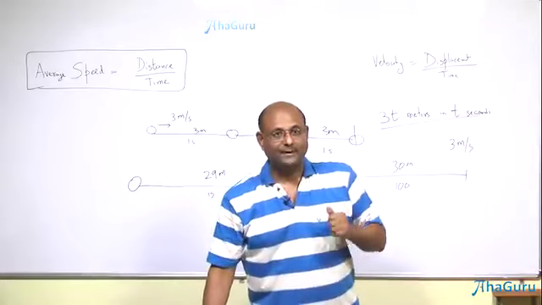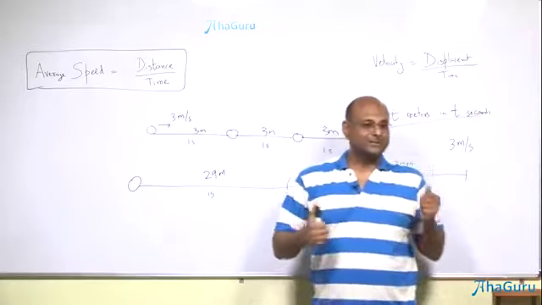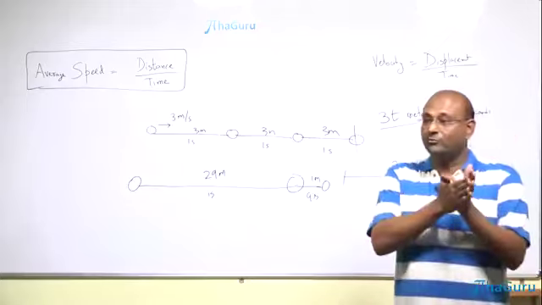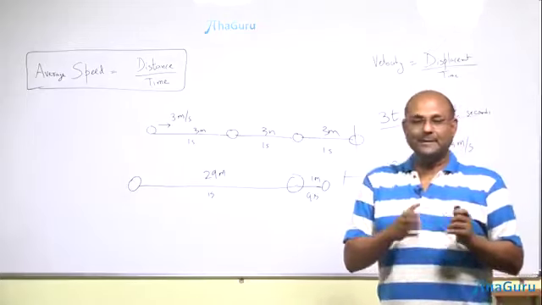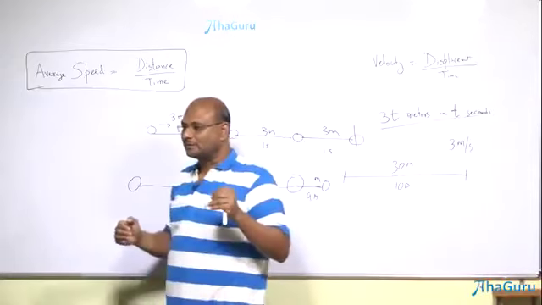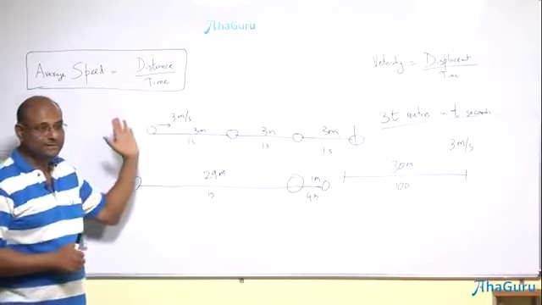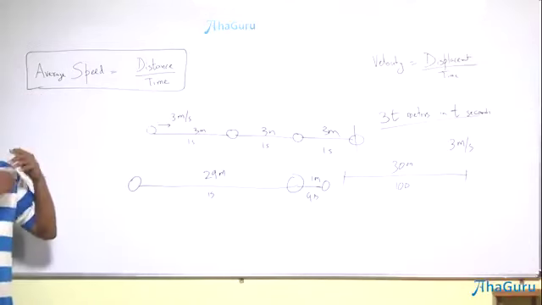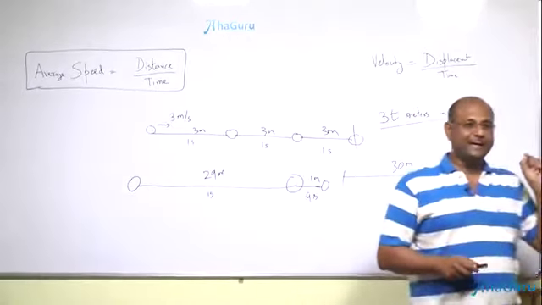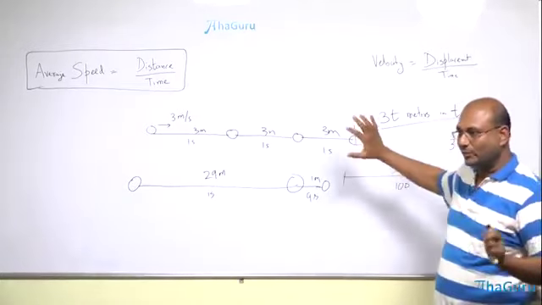But if I tell you that speed is 3 meters per second, that means it's already constant. Because if I told you it is 3 meters per second and I didn't tell you when it was 3 meters per second, that means it was 3 meters per second, let us say, for 7 seconds. During these 7 seconds, it was moving at a constant speed. So for 7 seconds, you can say 3 into 7 is 21. That is the distance moved. So if it was moving at 3 meters per second, the distance traveled is 3t meters in t seconds. That is okay.